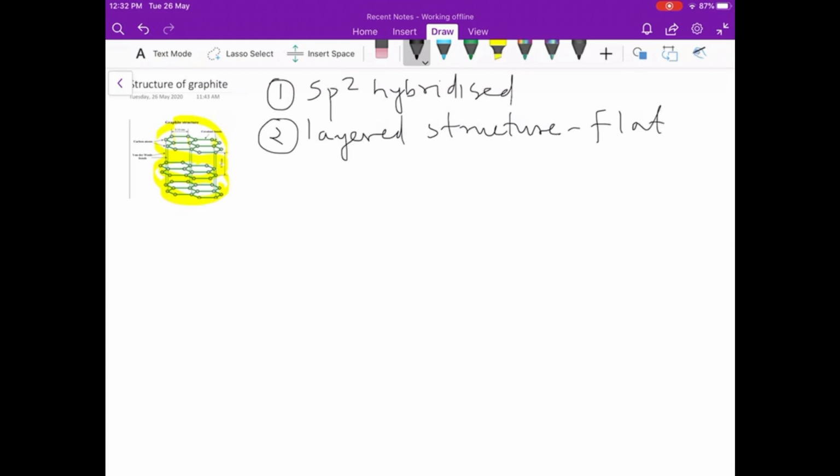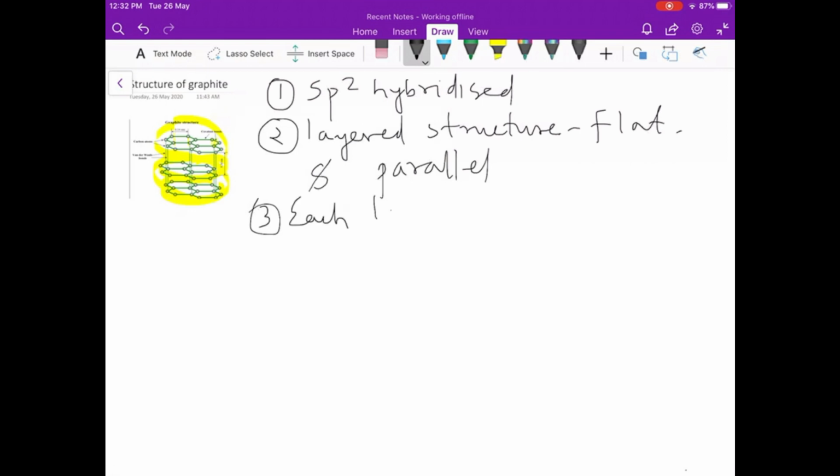and we call this layer structure flat and parallel. So they are flat and parallel structures. Each layer has carbon atoms which are arranged in a regular flat hexagon. As you can see in the hexagonal ring, 6 carbon atoms are connected with one another.